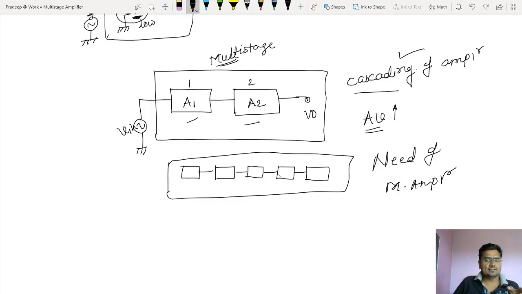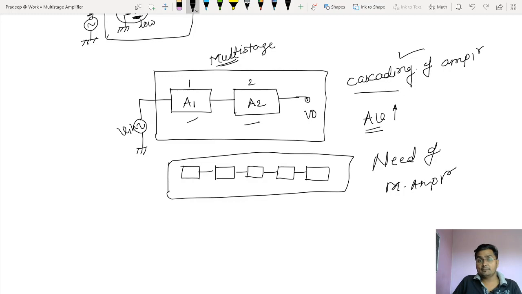What is the need of a multi-stage amplifier? Multi-stage amplifiers are basically used when you need more voltage gain, more current gain, or more power gain, when a single stage amplifier is not sufficient to provide it. If it is not sufficient, then connect another stage.